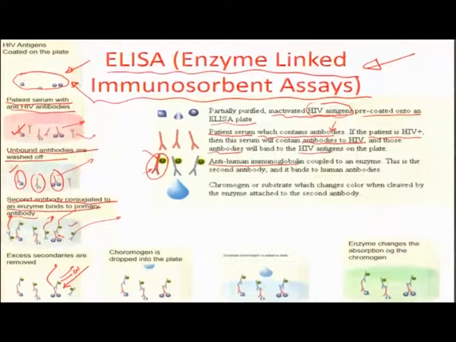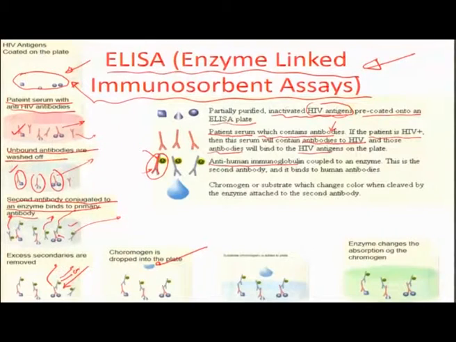The advantage of this stack is that whenever a chromogen, which has a certain color, is dropped into the plate, the moment it comes in contact with the enzyme, it changes the color. Okay, so that is how the enzyme is supposed to work on a chromogen, by changing these colors.